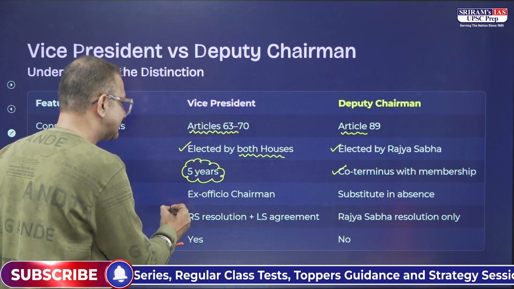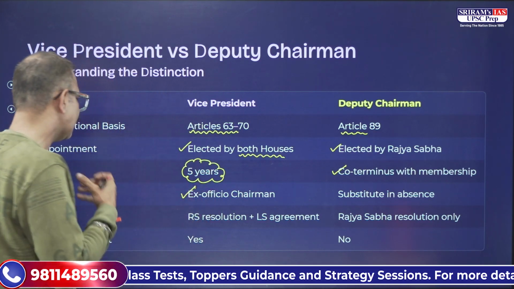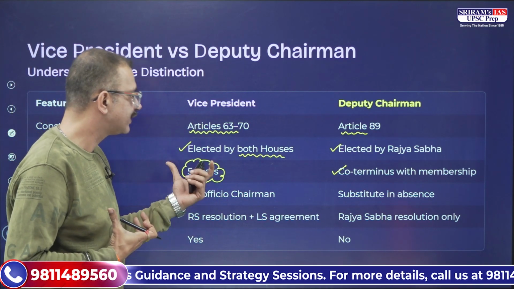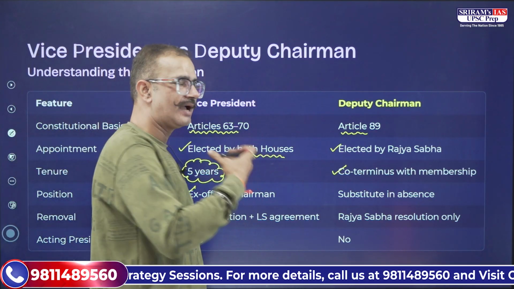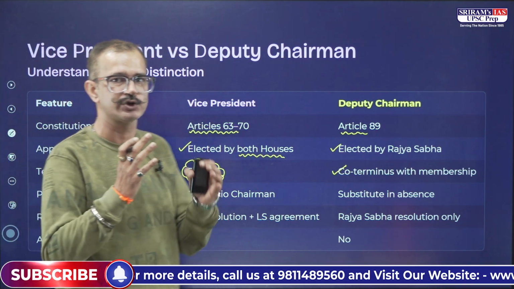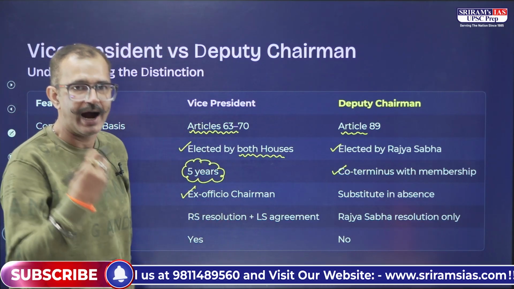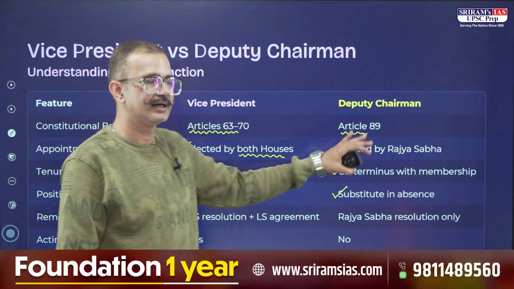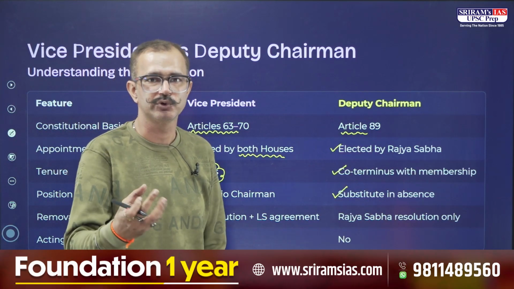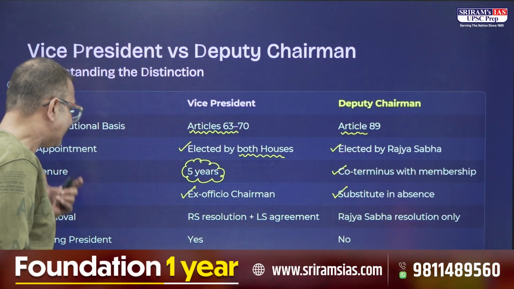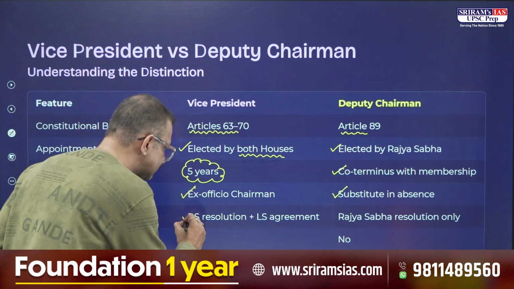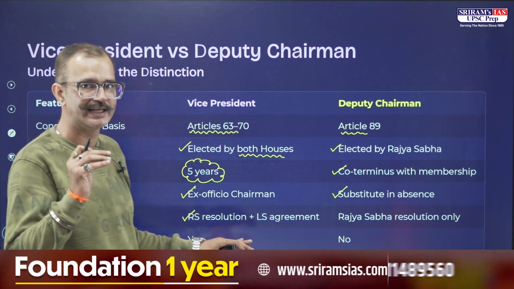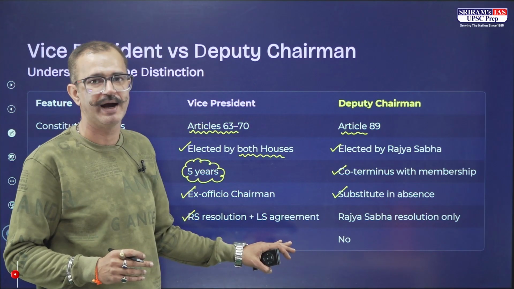The vice president is the ex officio chairman of the Rajya Sabha, but when the vice president is not there or is not chairing the Rajya Sabha, in his absence he will be substituted by the deputy chairman, who will chair the proceedings. The vice president can be removed by a Rajya Sabha resolution passed by effective majority and agreed to by the Lok Sabha.